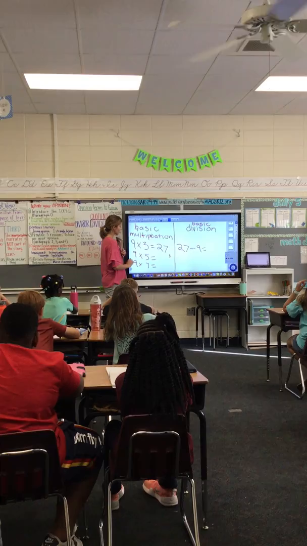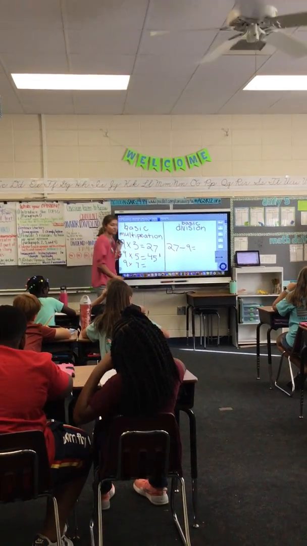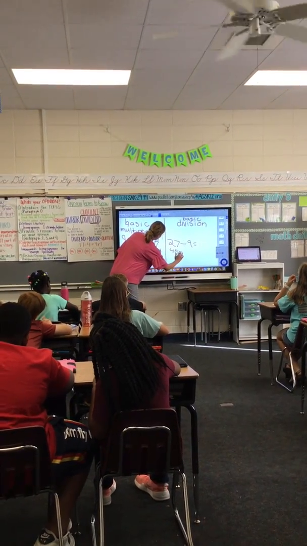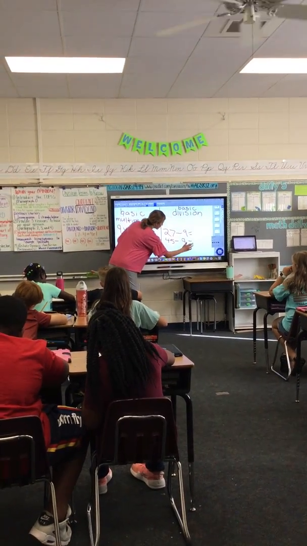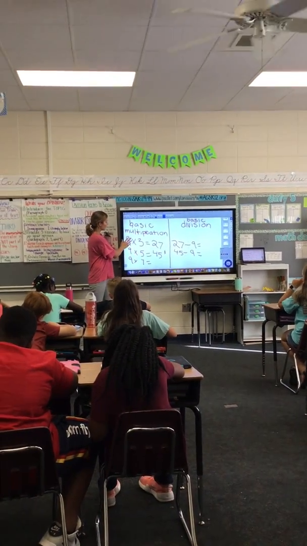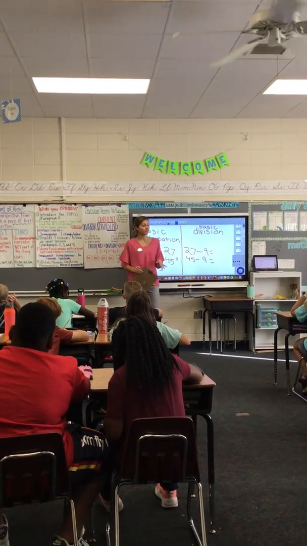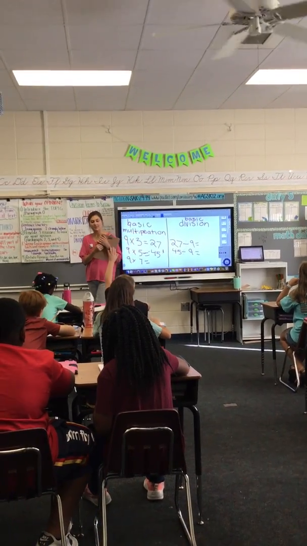Whatever your next problem was, my next problem was 9 times 5 equals 45. So on my basic division side, I'm going to write 45 divided by 9 equals. So on our left side, our basic multiplication, your number is all the same. Now on your division side, I'm not going to give you a new sticky note because you're still using that same number. So go ahead and see if you can solve that other side.